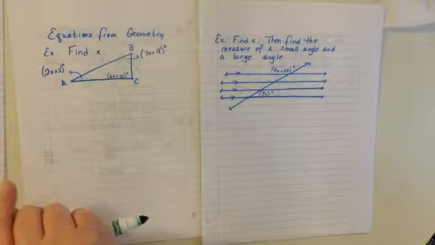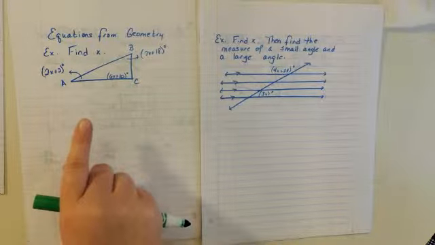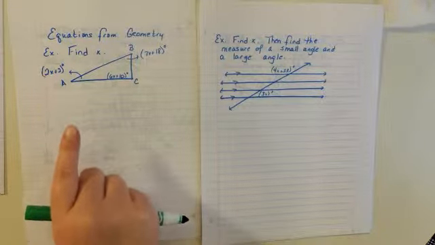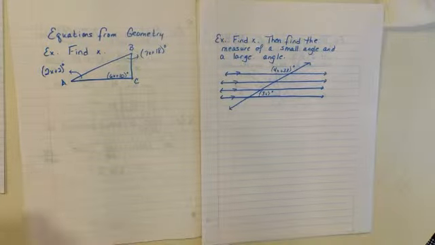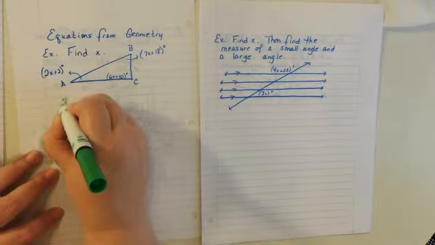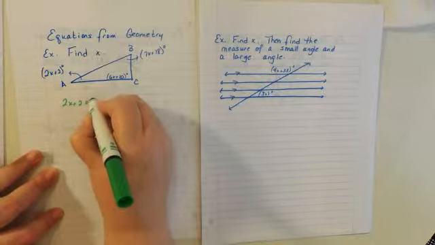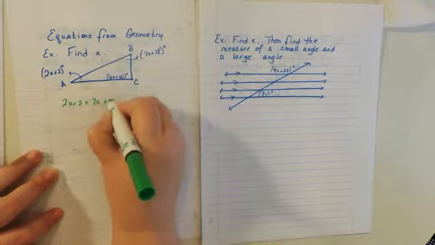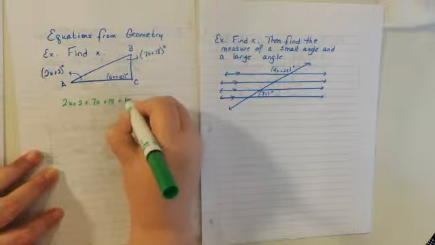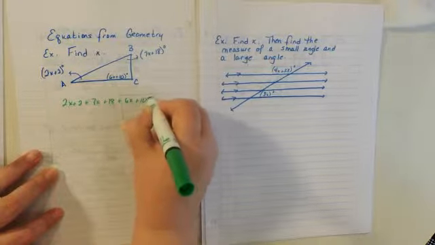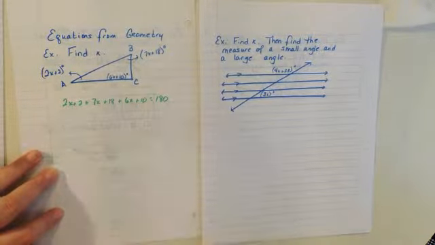We know that the sum of the interior angles of a triangle equals 180 degrees, right? So we should be able to add this up. We have 2x plus 2 plus 7x plus 18 plus 6x plus 10 equals 180.